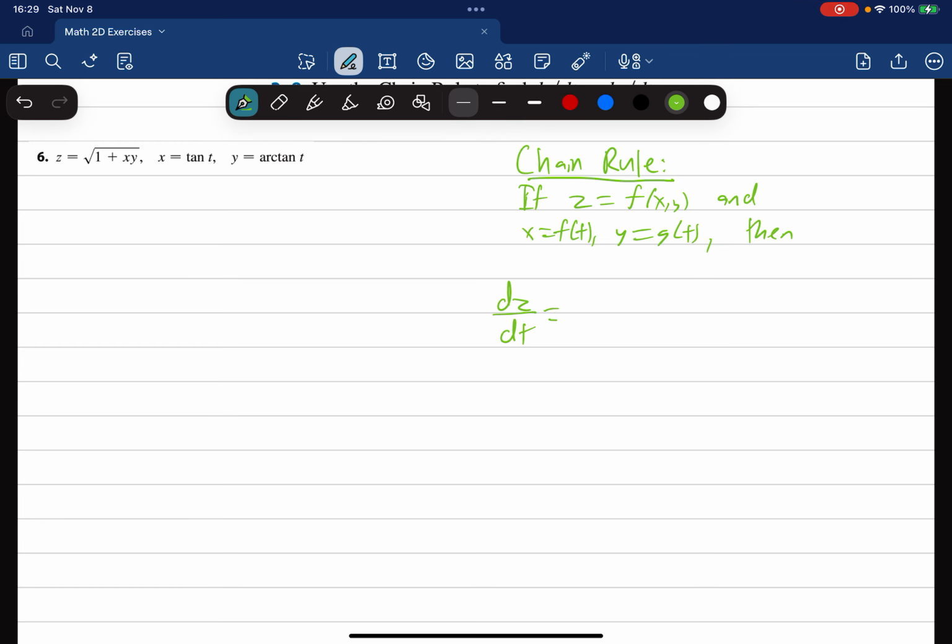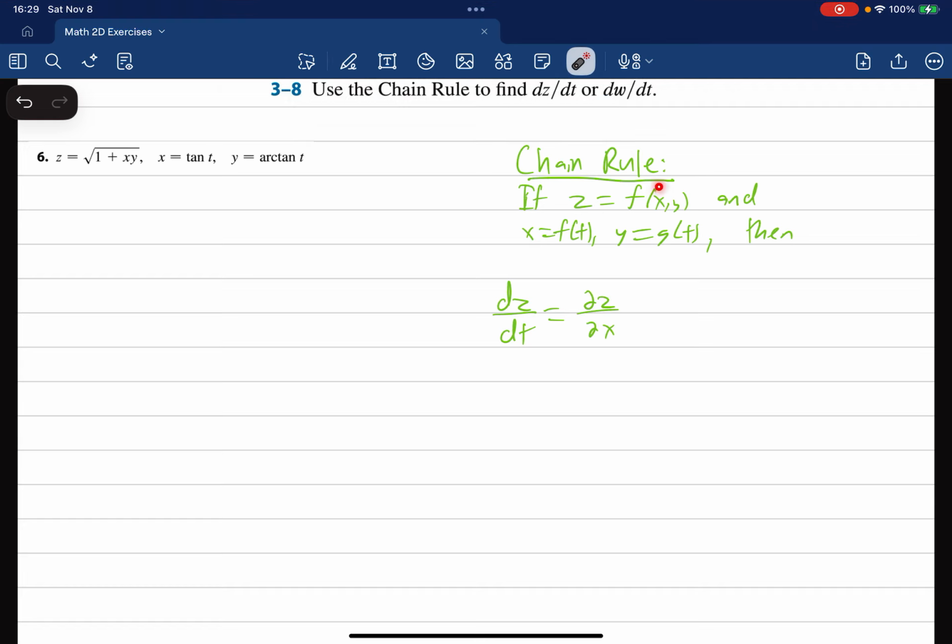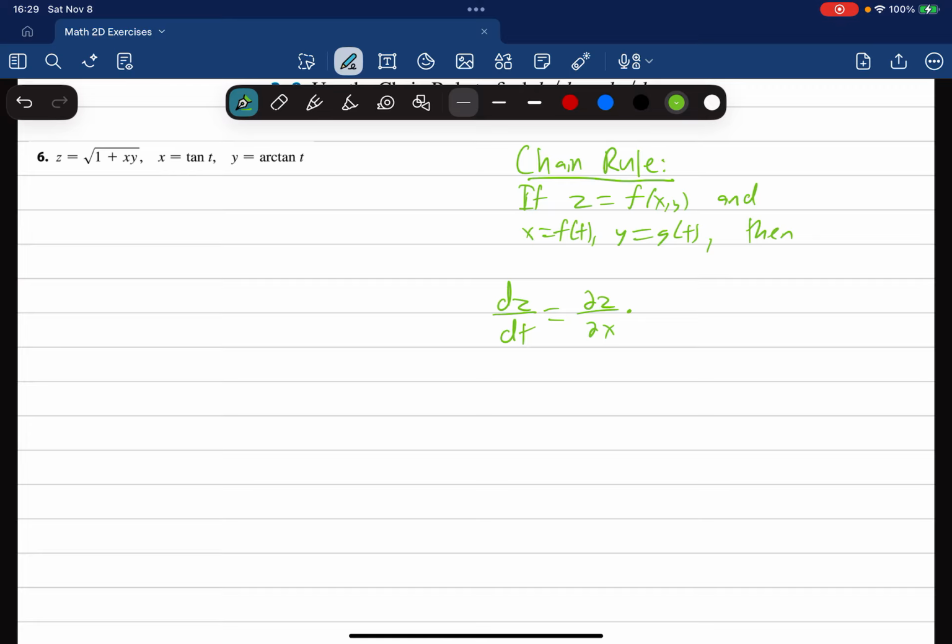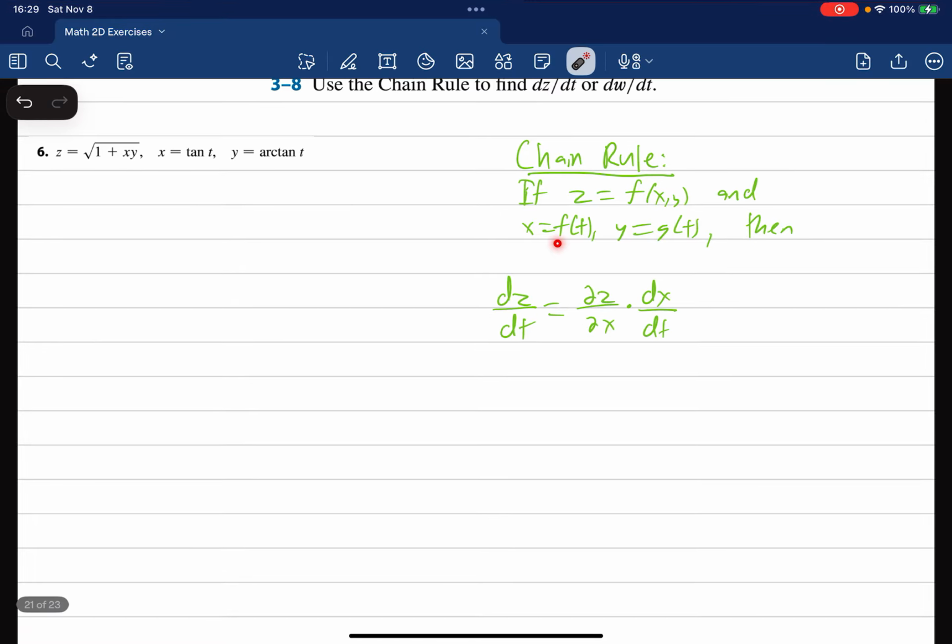dz/dt is given by partial z with respect to x. So this is the partial derivative of z with respect to the x variable, times the derivative of x with respect to t. And note that here, I'm using just the normal derivative, not a partial derivative, because x just depends on t.